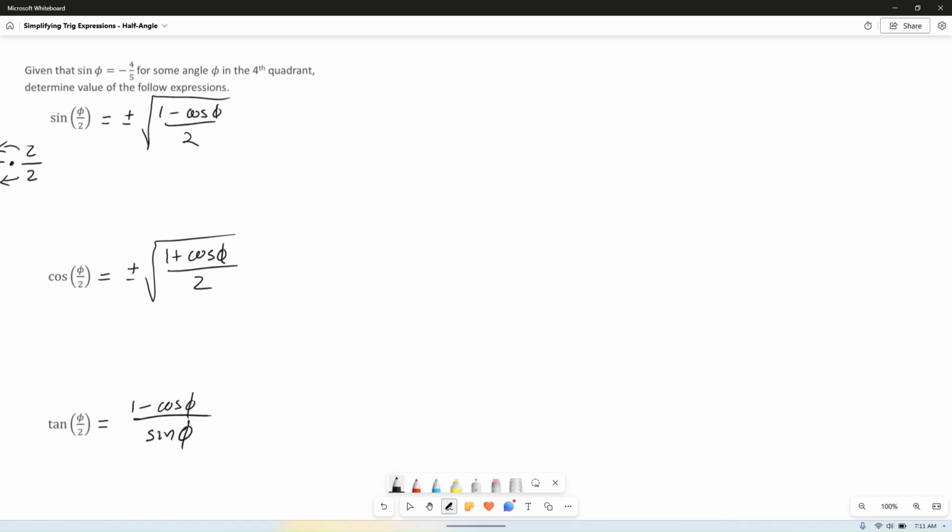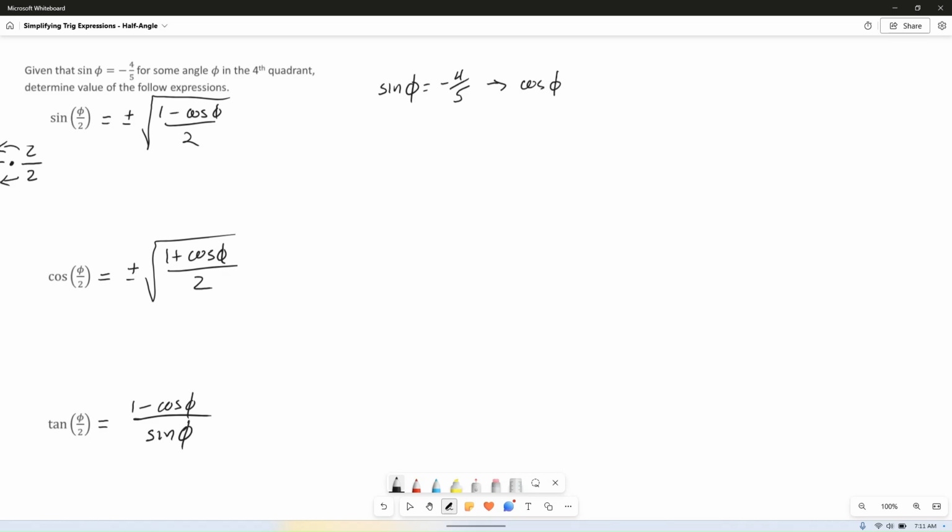To actually compute these values, we need to know the cosine of phi and the sine of phi. So not phi over 2, but just the cosine of phi. Well, we actually already know the sine of phi, right? We're told that the sine of phi is a negative 4/5. And so we just need to figure out what is the cosine of phi.